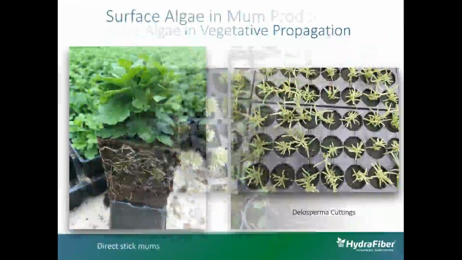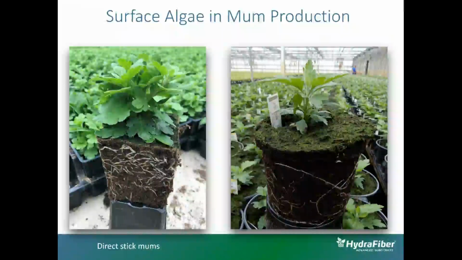This example, the plant that's on the right-hand side, is also, as you can tell from the green surface, has a lot of surface algae in it. In direct stick programs, which a lot of our grower customers are starting to do for both chrysanthemums as well as poinsettias, this can be a problem.